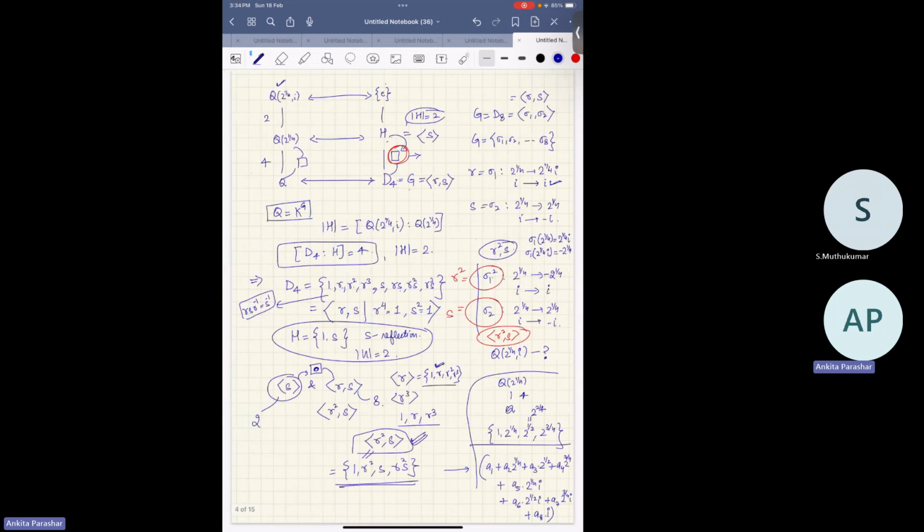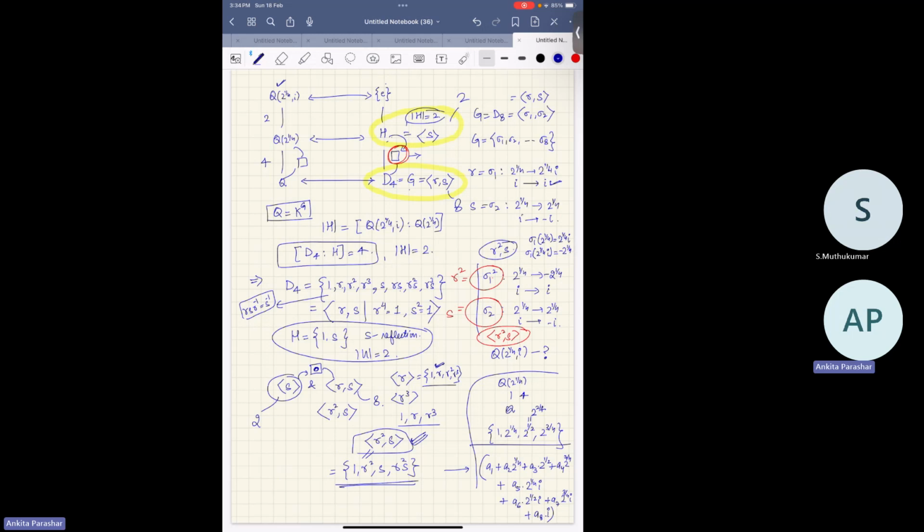So this is the only field, because the only subgroup you have between H and D4 is this one. Knowing the only subgroup lying between them is the only fact which is helping us. This has order 2, this is order 8, so the only subgroup which can sit in between is of order 4.